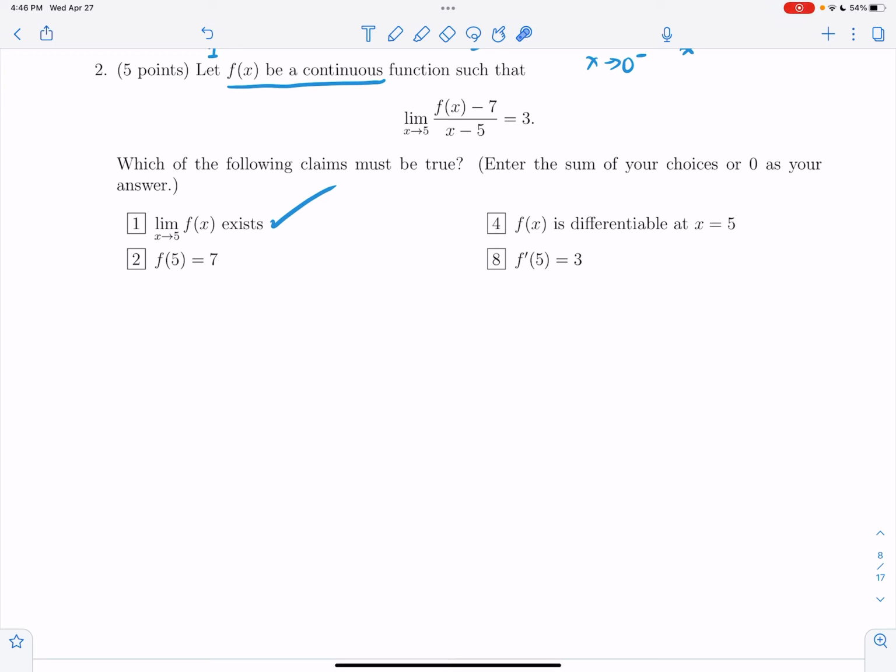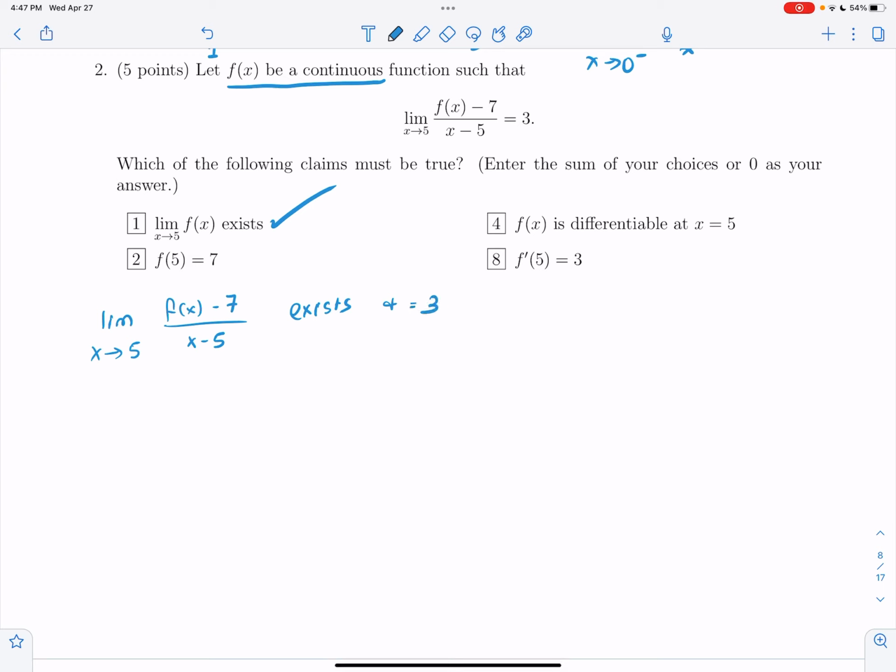Okay? And let's look further. What do we have next? We know that this limit exists, okay? So let's write this down. The limit as x approaches 5 of (f of x minus 7) over (x minus 5) exists, and it equals 3.